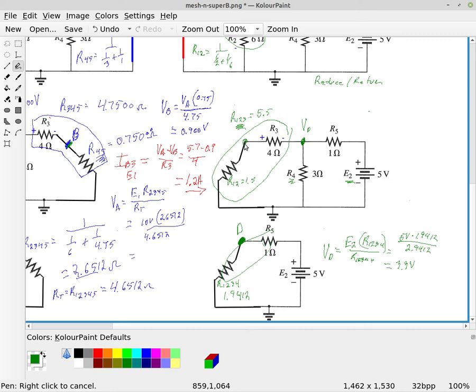And now we can apply a voltage divider again to find this voltage. I'll call this one E. So the voltage at point E is equal to the voltage at point D times the resistor R12 divided by this combined resistance, which was resistance 1, 2, 3.